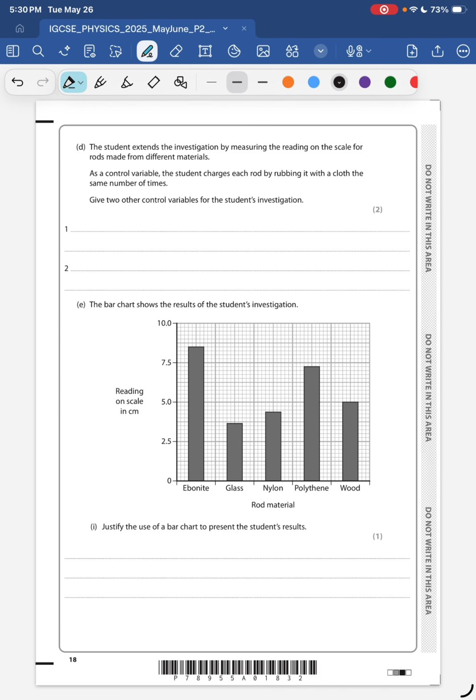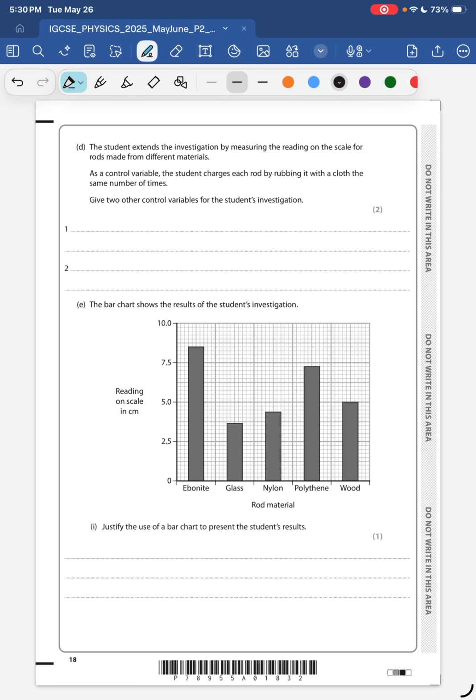Okay, question D. The student extends the investigation by measuring the reading on the scale for rods made from different materials. As a control variable, the student charges each rod by rubbing it with a cloth the same number of times. Give 2 other control variables for the student's investigation.